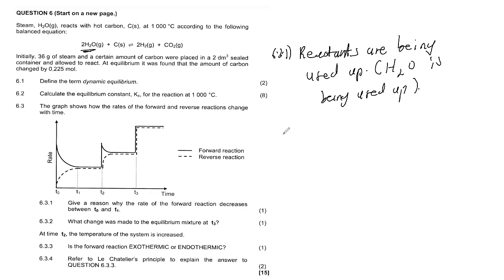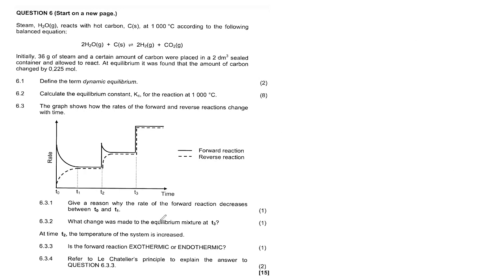We have 6.3.2. What change was made to the equilibrium mixture at T3, right? At T3, we can say that both the forward and the reverse reaction are increasing like that.